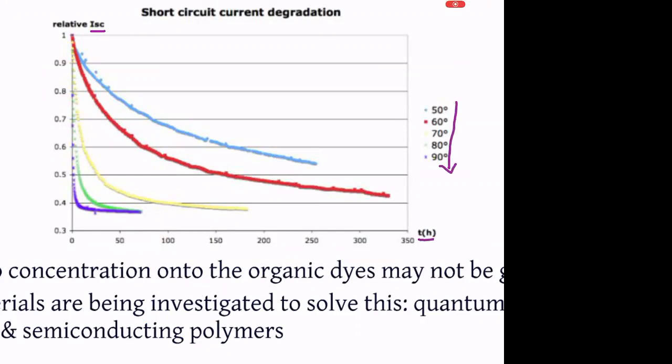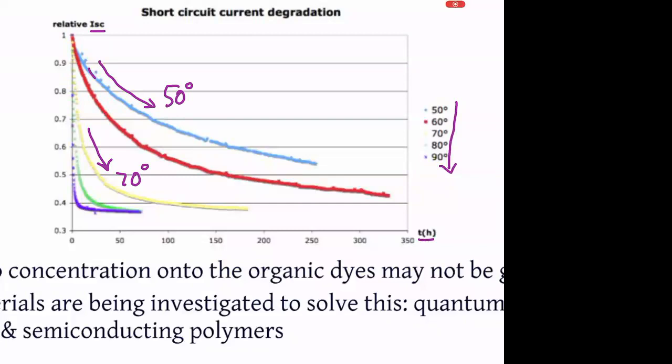So you can see as time goes by, of course, these organic molecules will degrade. They essentially bleach over time. So the short circuit current decreases. Now, the decrease is much faster at higher temperatures. So this is at 50 degrees, and this yellow is at 70 degrees. So it's much faster degradation. And this is the main problem.